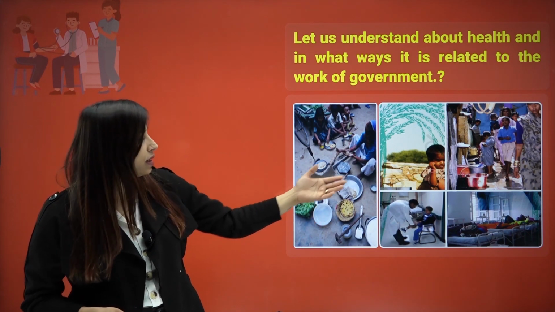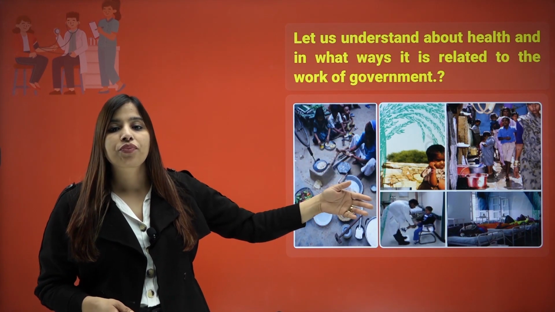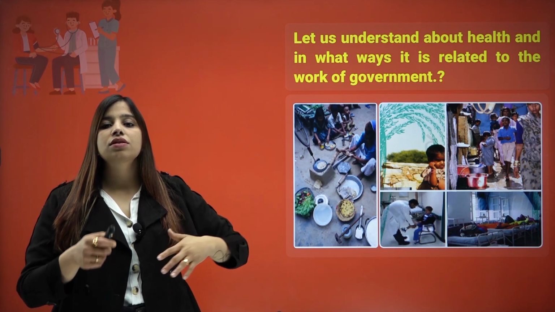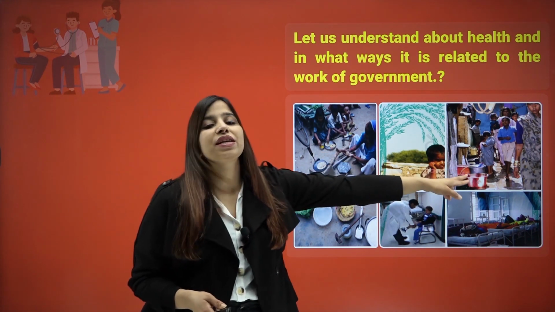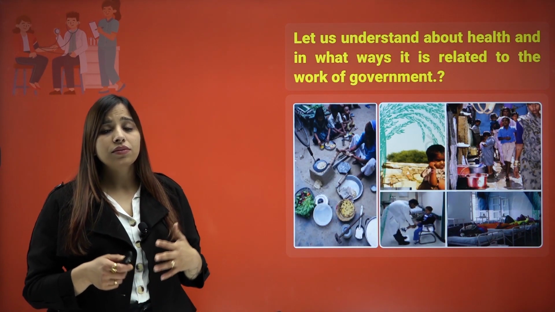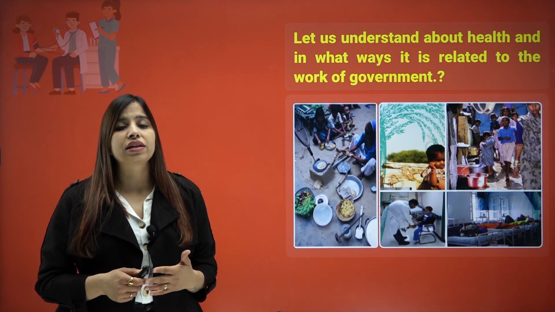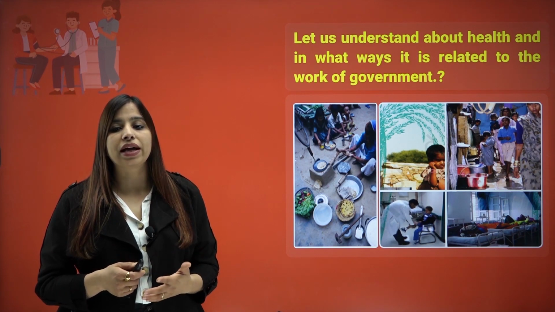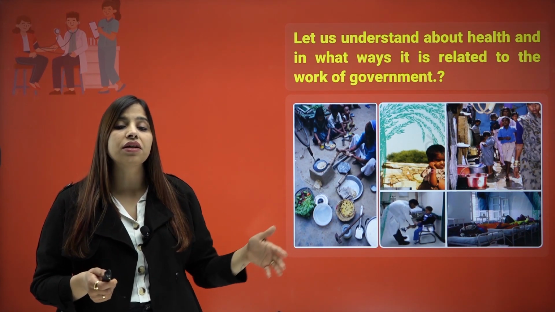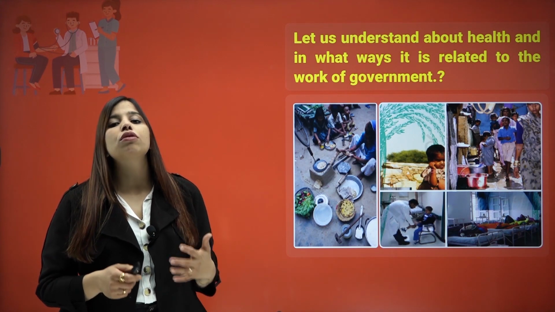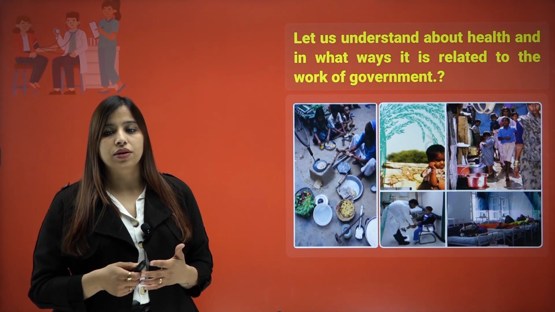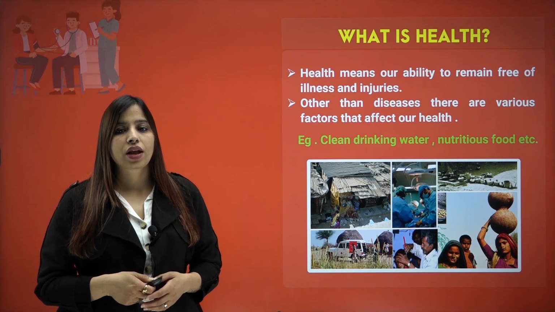Then there is a malnourished boy, a picture that shows the health services being provided. This picture shows that there is no proper drinking water being supplied, and that is why people have to gather at a particular place or at a particular time to collect the water, and so on.